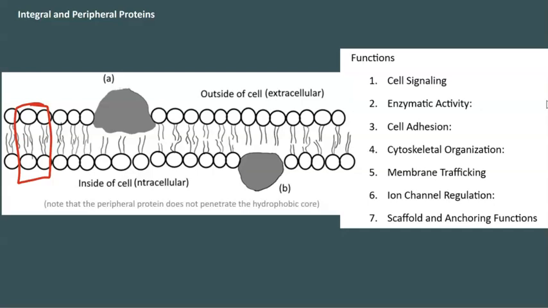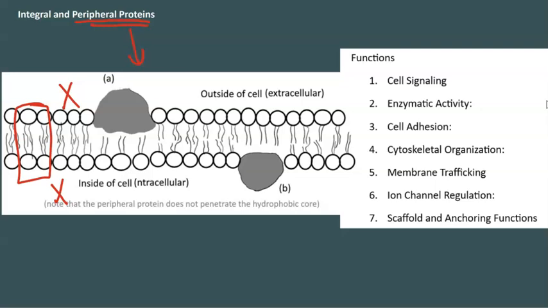In this illustration here, I'm looking at the peripheral proteins. So these are peripheral. Now, peripheral is to be on the outside. When we say we're on the outside, we mean outside of the membrane, which means we can be positioned in here or on this side here.